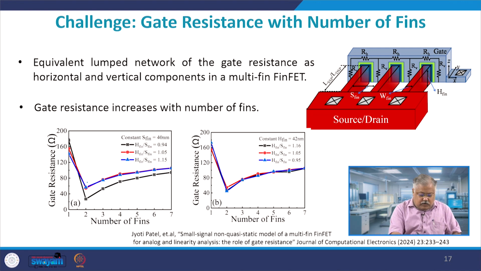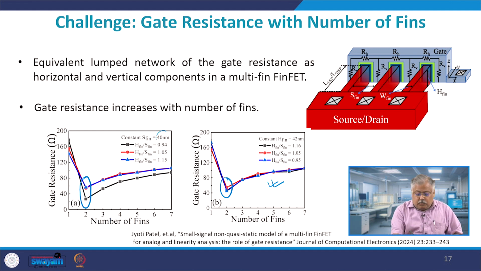If you look very carefully, when the number of fins is 2 here, and also 2 here, the gate resistance is the minimum. But as the number of fins increases, the gate resistance also shows an increase beyond this particular point, right. The same thing happens in this case when you plot the gate resistance with the number of fins on the right hand side.